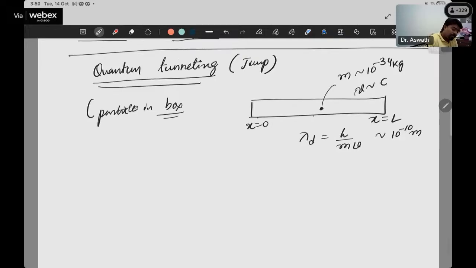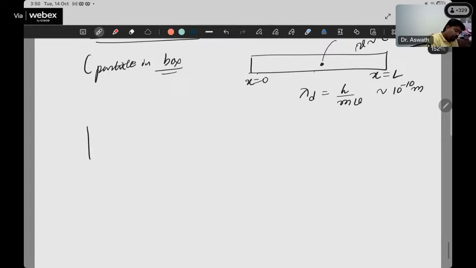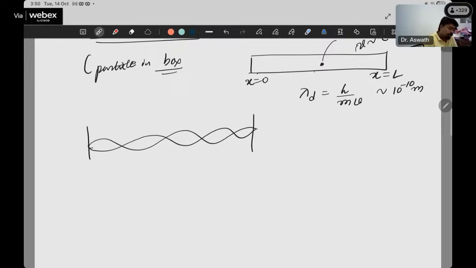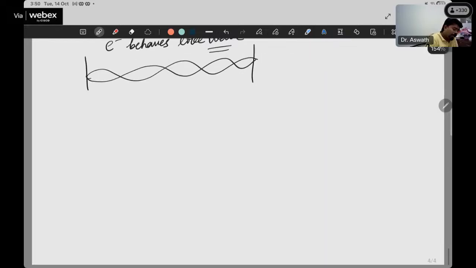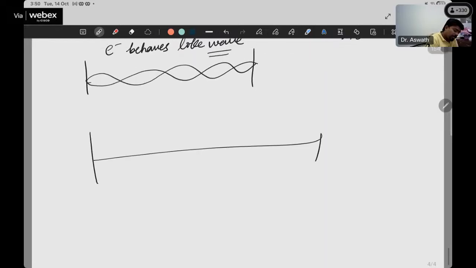Because of that, what happens? The electron behaves like a wave, like a standing wave here. So actually, it is going to be something like that.